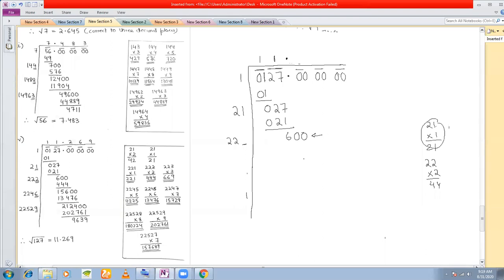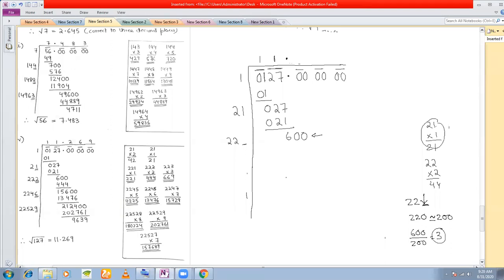We are going to divide 600 by what number? See, 22 is here and we need to place a digit here. Whatever digit that you place here will be very close to 220, right? And 220 is very close to 200, right? So what you do is 600 divided by 200 will give you 3 as a quotient.